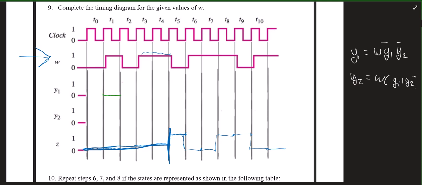So like right here, right here. I'm going to skip this one because I don't know yet. I know right here it'll be 0. I'll skip here, skip here, skip here. I know right here it'll be 0. And right here it'll be 0. So I just went through and put in 0 where the previous clock cycle had 0 for W.